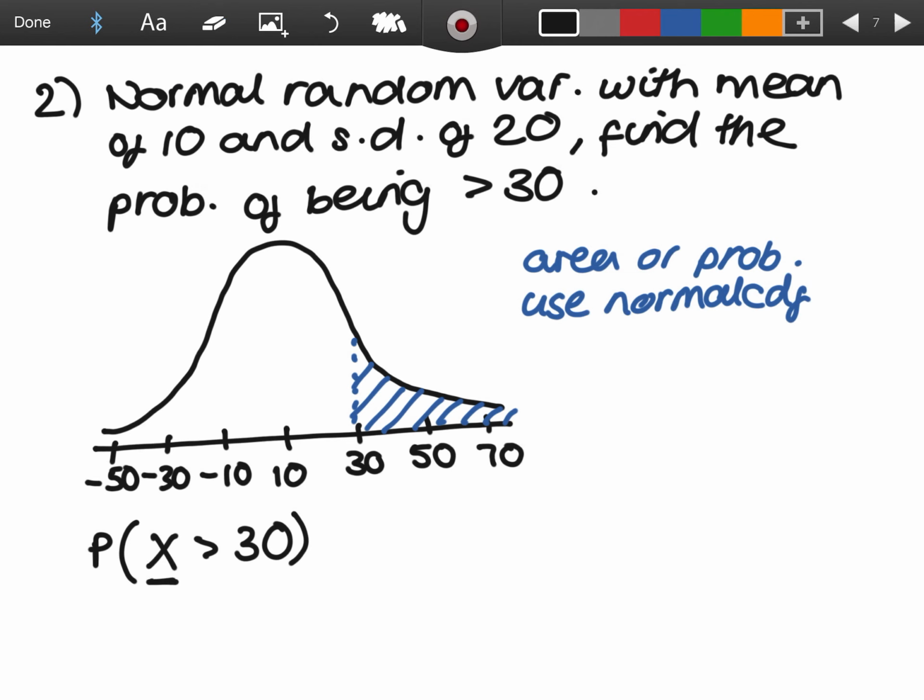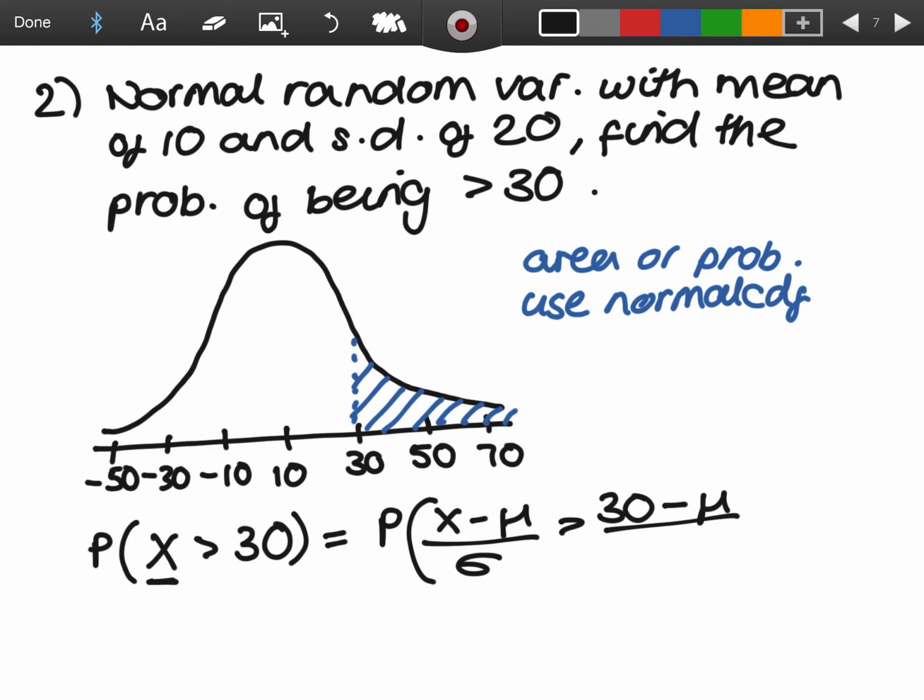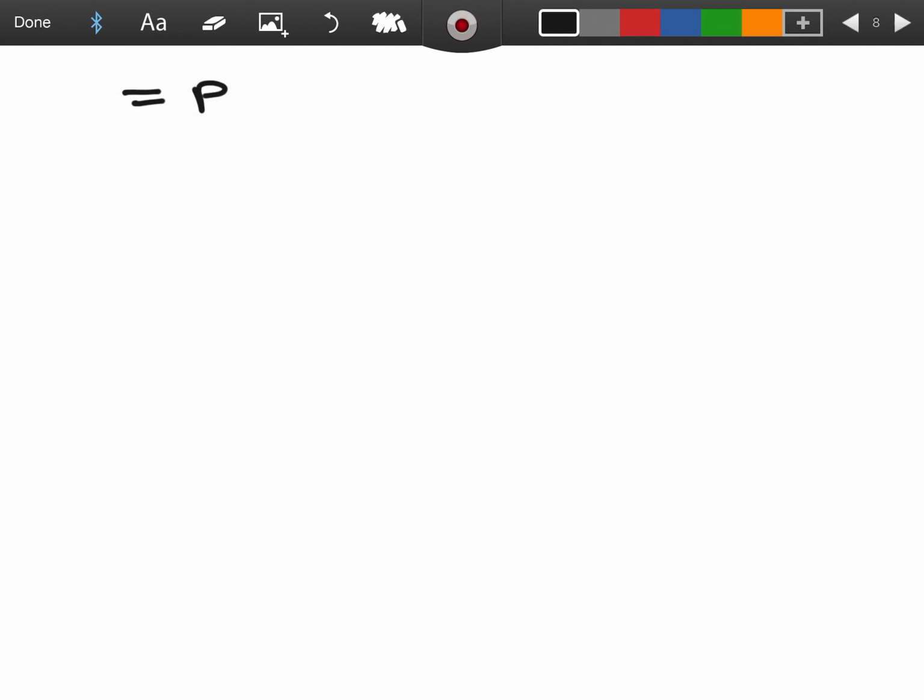Z is used for standard normal, X is used for normal. So what I'm now going to do is a Z transformation. This is going to be the probability of X minus the mean divided by the standard deviation, and then 30 minus the mean divided by the standard deviation. So I've just subtracted the mean and divided by the standard deviation. This thing here is our formula for Z.